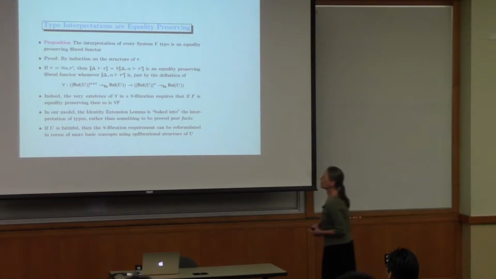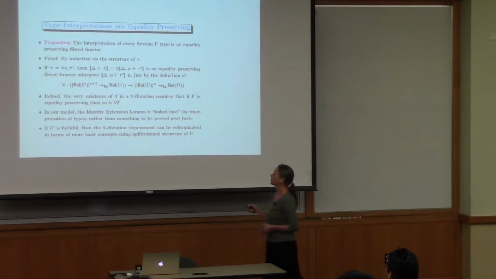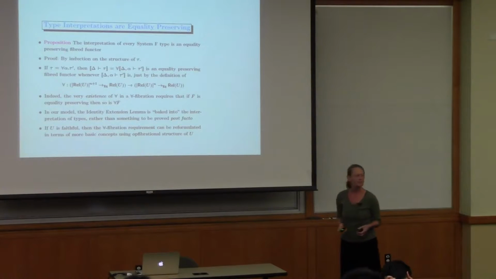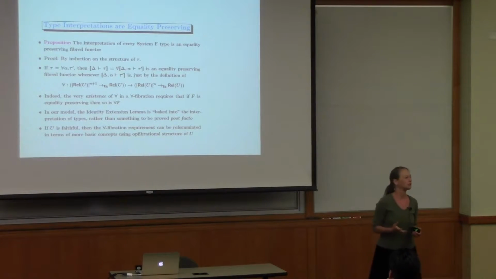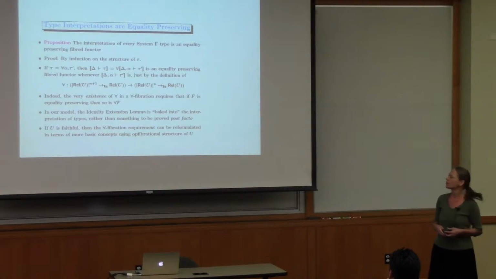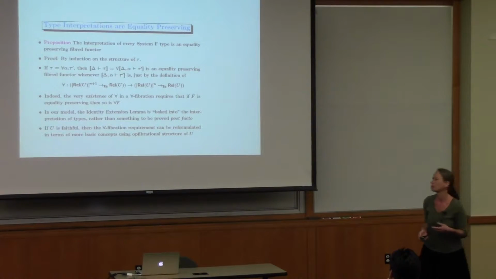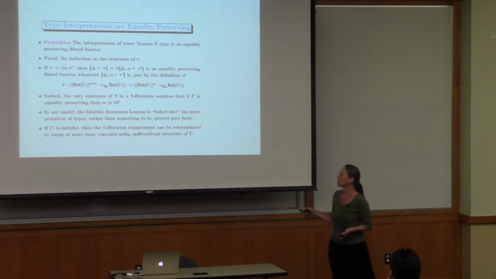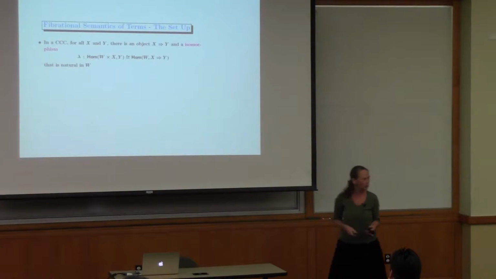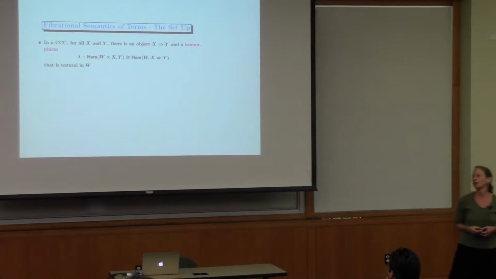In the case when your original fibration, the U here, from which you constructed your relations fibration, has some nice properties, then you can infer this for-all fibration requirement. There are some papers that I'll reference at the end that talk more about how you can get this requirement. Not important for us so much. So that's what's going on with the types.